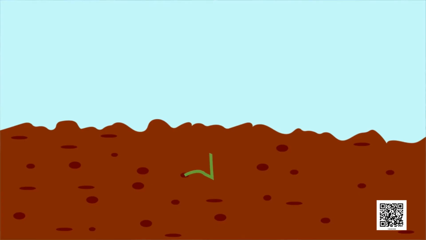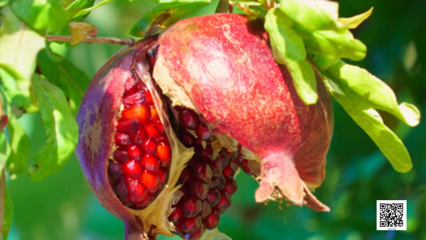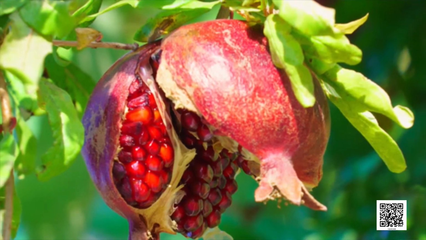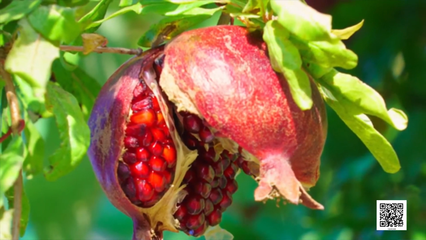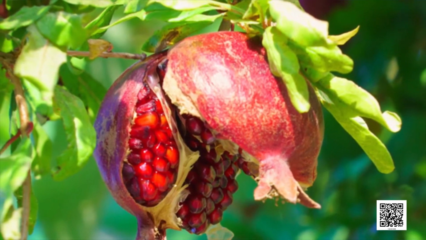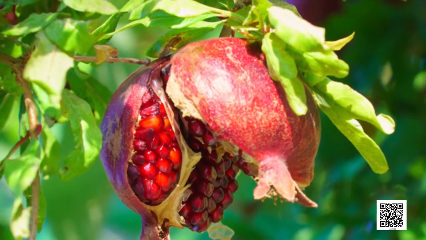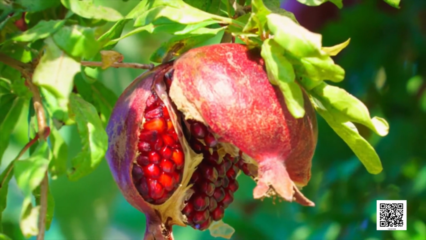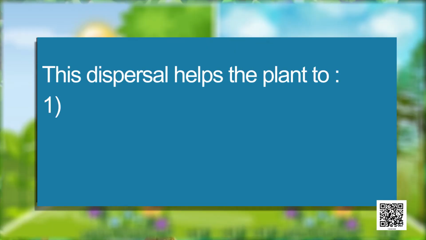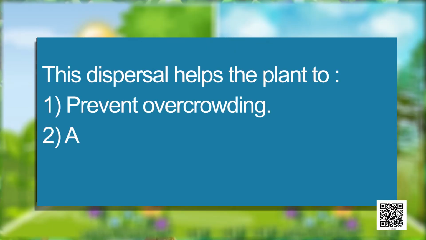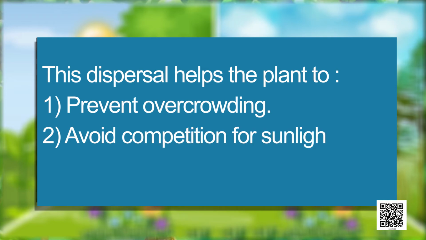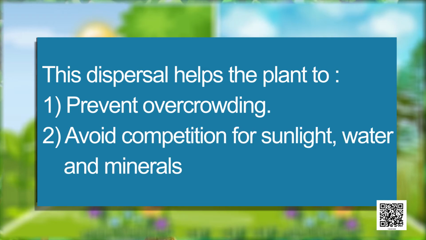When seed is sown in the soil, it germinates into a new plant. In some plants, fruits burst with sudden jerks and seeds are dispersed with force and scattered far from the parent plant. And this dispersal helps the plant to prevent overcrowding and avoid competition for sunlight, water and minerals.